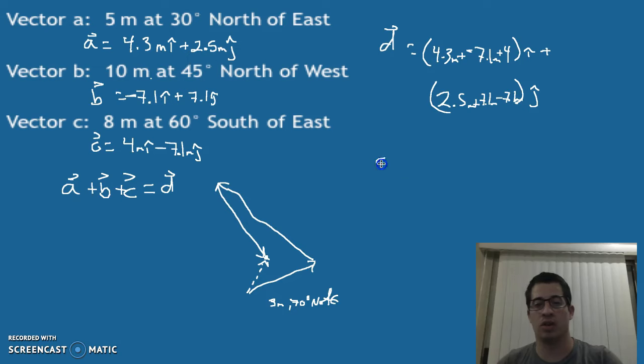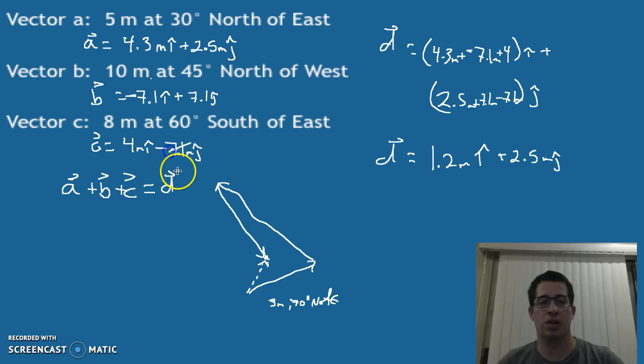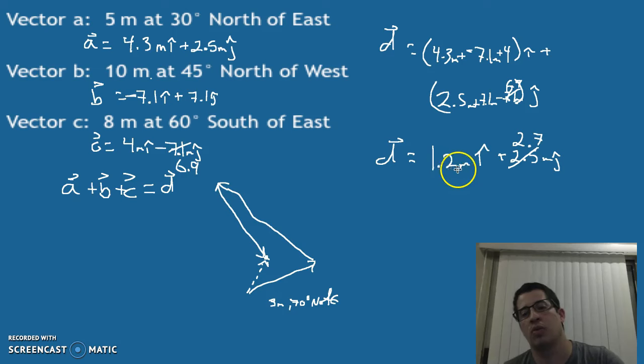Okay, so we'll go ahead and simplify and get vector D in unit vector notation. I just realized I made a mistake and checked my math, and this should actually be 6.9, which means this would be a negative 6.9 right here, which means this would be 2.7 meters. Okay, so vector D is 1.2 meters i, 2.7 meters j.